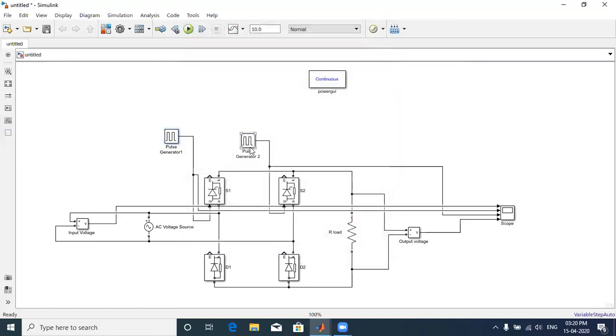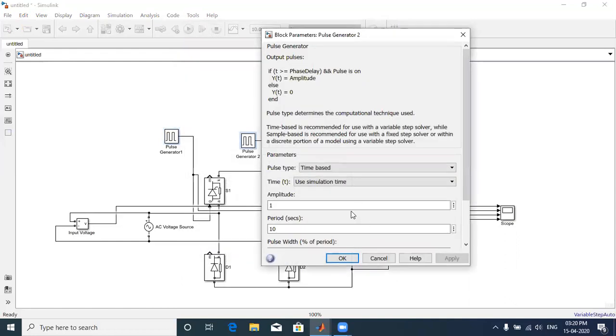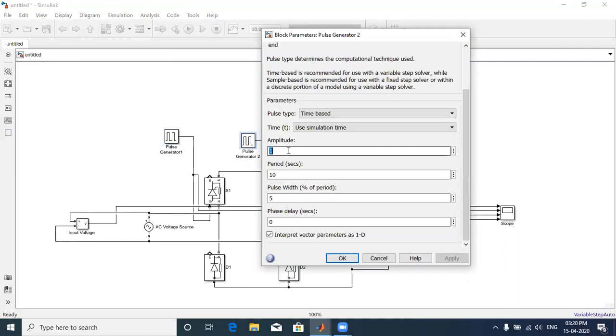Okay. Second pulse generator, similarly you can configure the amplitude. You have to keep the amplitude same. Time period is 0.02 seconds. Pulse width we have kept 10. Now this second SCR will get fired at pi plus alpha. Is it correct? Yes, it will get triggered at pi plus alpha.